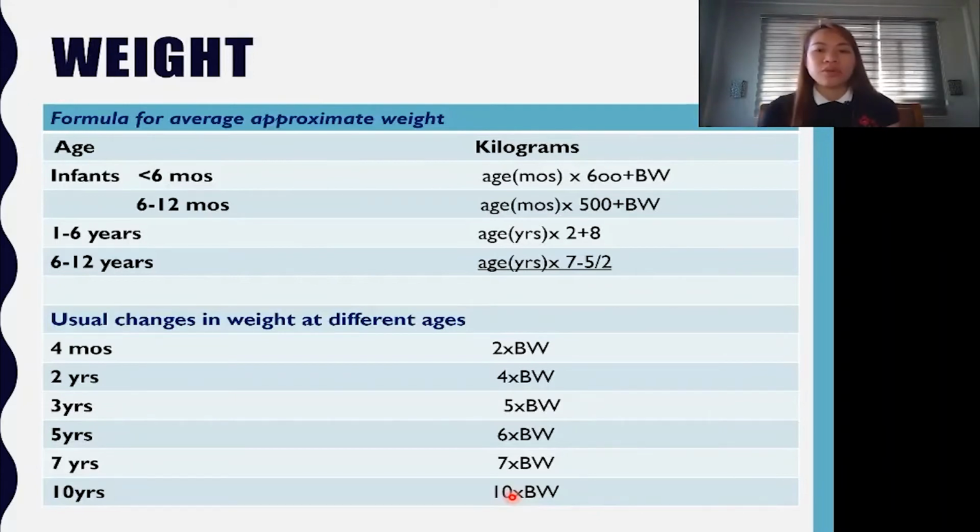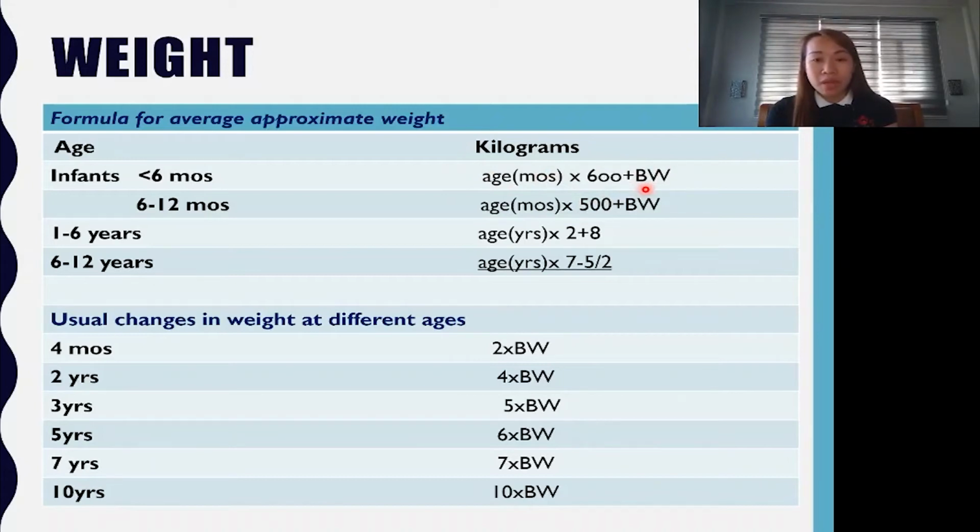Weight. So when we talk about the weight, as we have mentioned earlier, we have to know what is the average birth weight and how the weight develops. So at less than 6 months, this is how we're going to compute it. We get the age in months, halimbawa 5 months, times 600 plus the birth weight. That is the estimated weight.